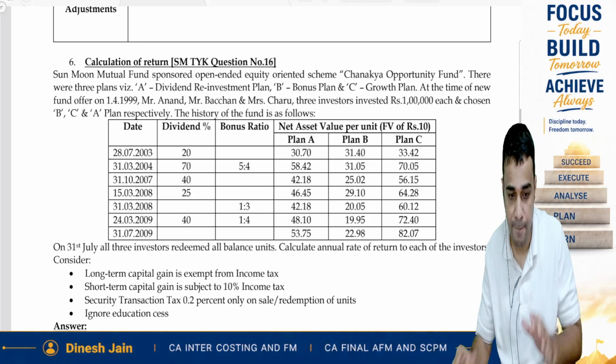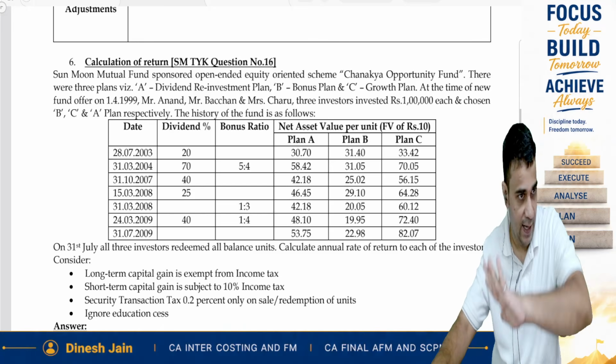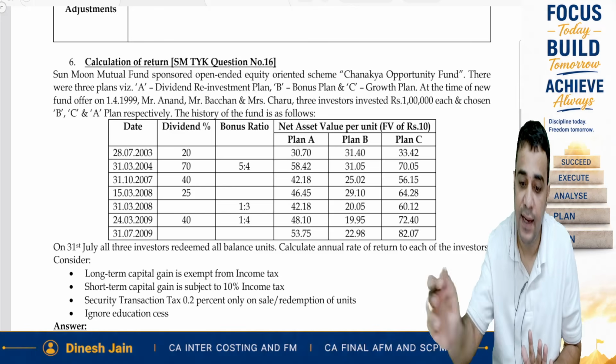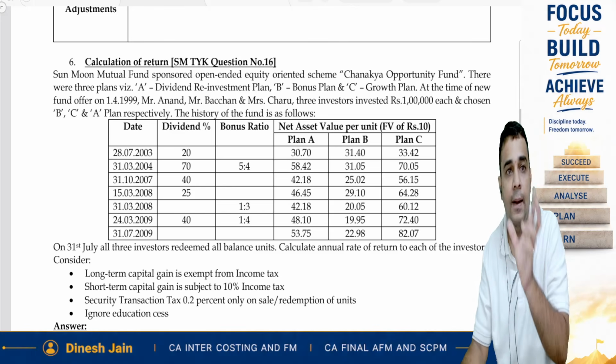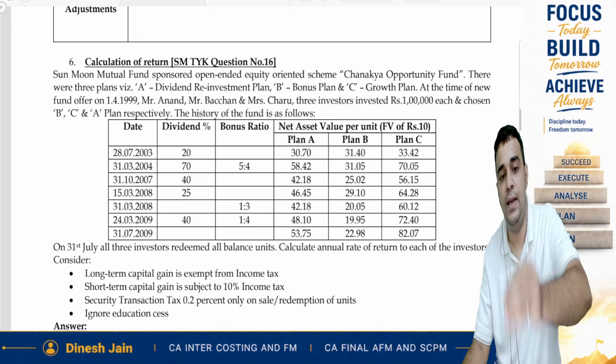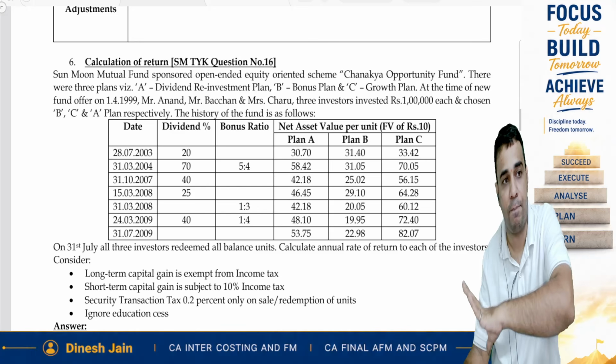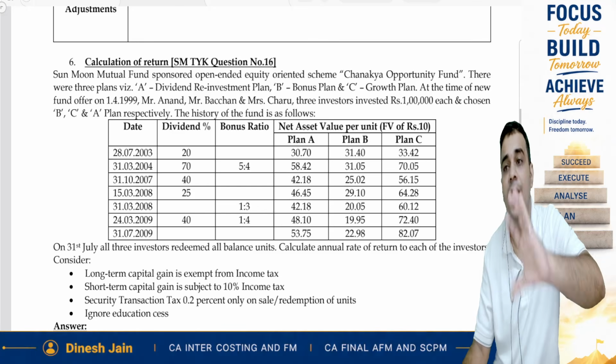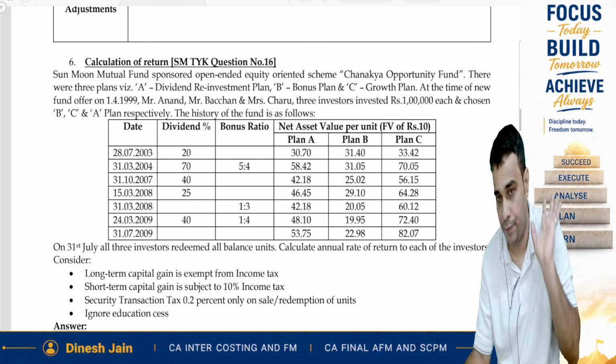History of the fund, different dates, NAVs are given, and the NAV is different for plan A, plan B and plan C. You can call this the NAV of HDFC Flexi Cap plan on these dates, and they are different, and it has to be different.